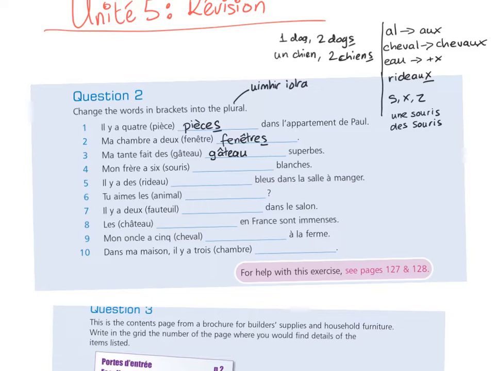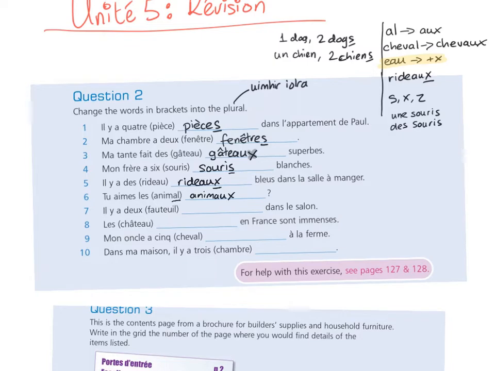We must add an X, so it becomes gâteaux with an X. Okay. Mon frère sourit. No change there because it ends in S already. Il y a des rideaux. EAU adds an X. Tu aimes les animaux. Be careful, ends in AL, so animaux.